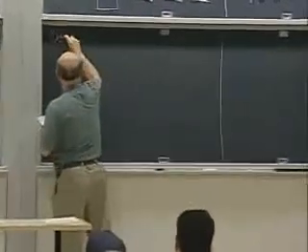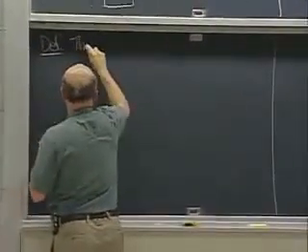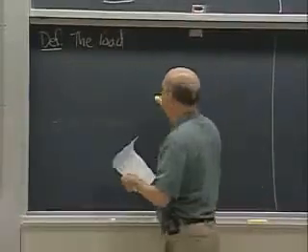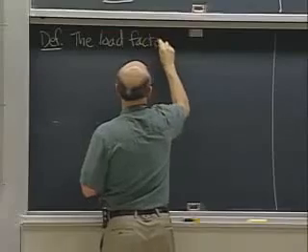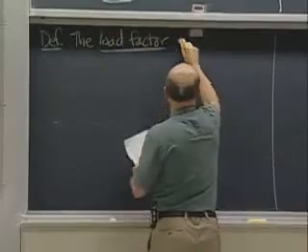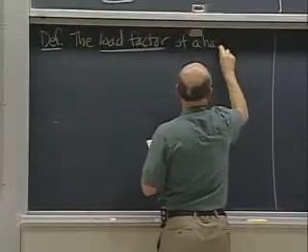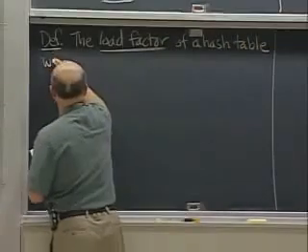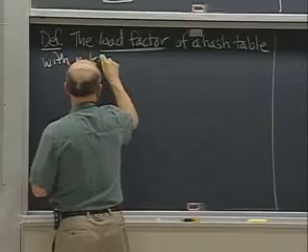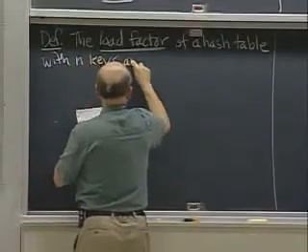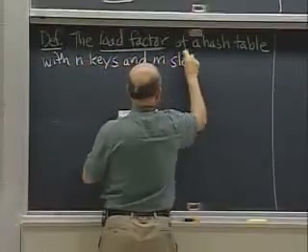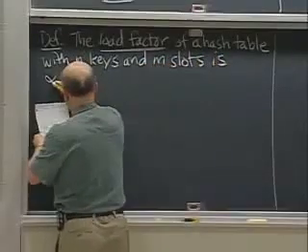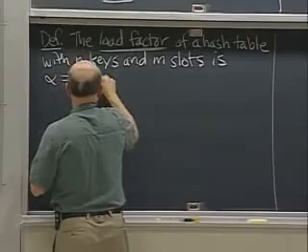So let's define the load factor of a hash table with n keys and m slots to be alpha, which is equal to n over m.